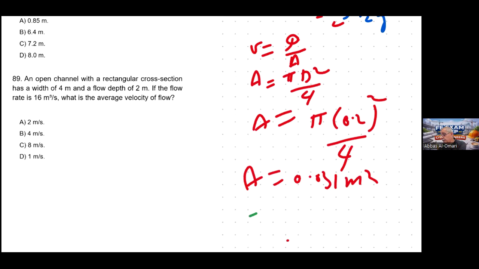So we can now substitute in the formula. The head loss equals the friction factor, which is 0.02. We want to find the velocity.